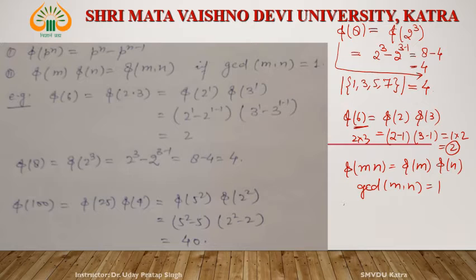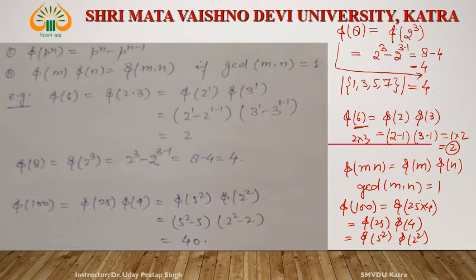Now, phi of 100 is equal to phi of 25 into 4. Phi of 25, phi of 4. Phi of 5 square, phi of 2 square. What is phi of 5 square? Phi of 5 square is equal to, see here. What is 5? 5 is p. Apply this formula, p to the power n.